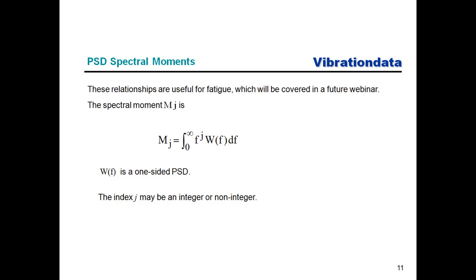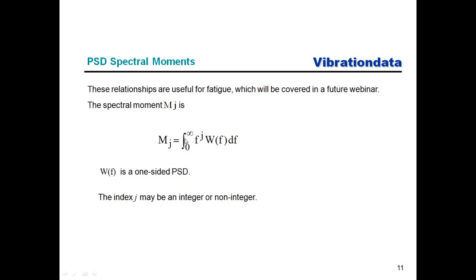Now, there's another type of integration step that's somewhat related but somewhat different, and it's called a PSD spectral moment. These are used mostly for fatigue analysis, and we're going to cover fatigue analysis in a series of future webinars. But here's what we would do. Let's take our W, our one-sided PSD as a function of frequency. We're going to multiply by frequency raised to the j power. And j is an index, but it could be a non-integer.